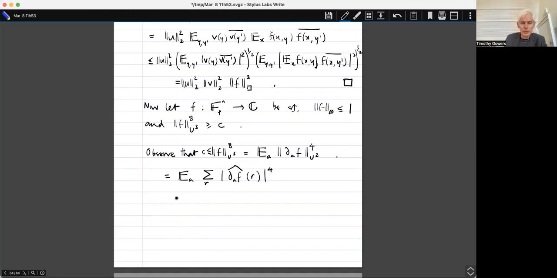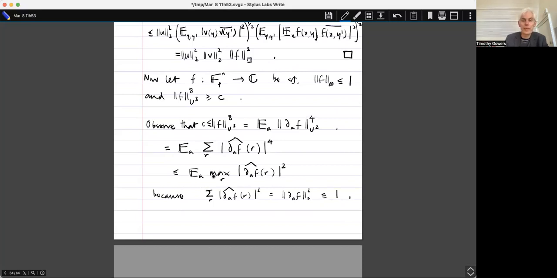So that sum over all r is less than or equal to the average over a times the maximum over r of that squared. And that's because the sum over all r of the absolute value of the Fourier transform of delta a f at r squared is the L2 norm of delta a f squared, which is less than or equal to 1 because f has an infinity norm at most 1.